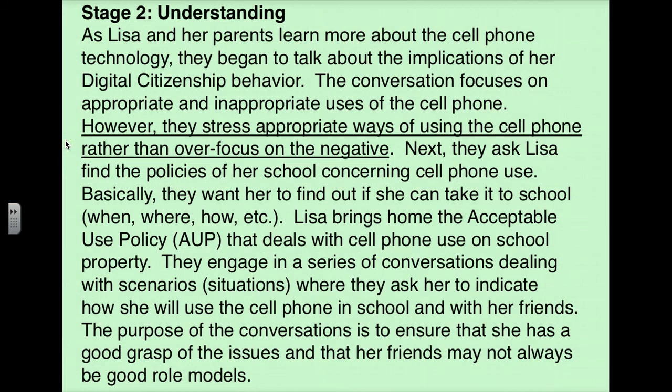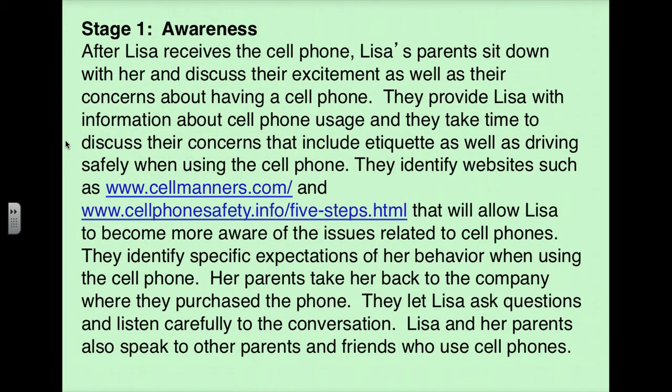And so Lisa with her phone has to go through this same process of understanding what the parameters are. She goes through the same process of awareness. What is the definition of all the things that have to do with using her cell phone? And when you look at this through a single lens of, say, using a cell phone, awareness really becomes more a definitions of cell phoneness, if I can use that term.